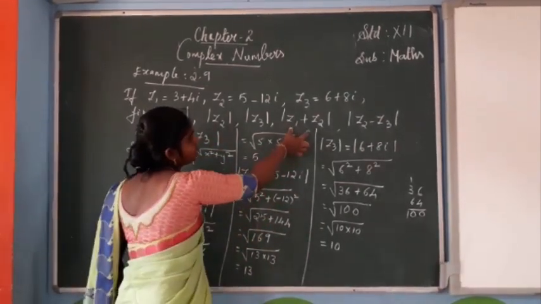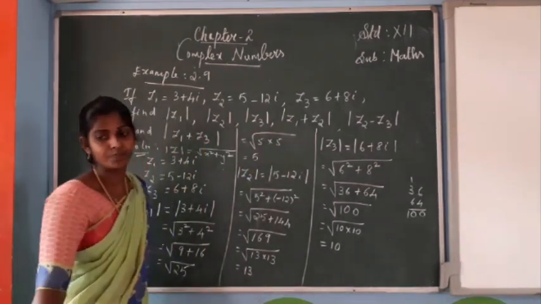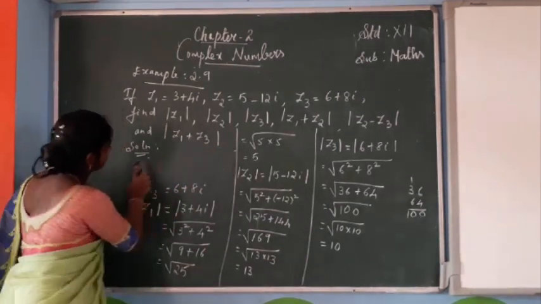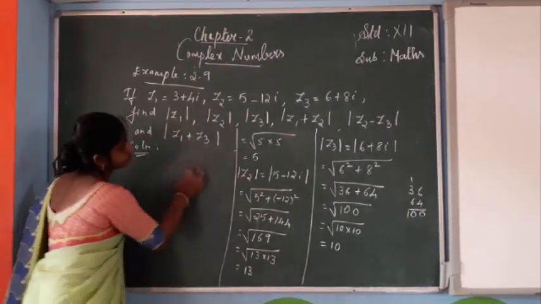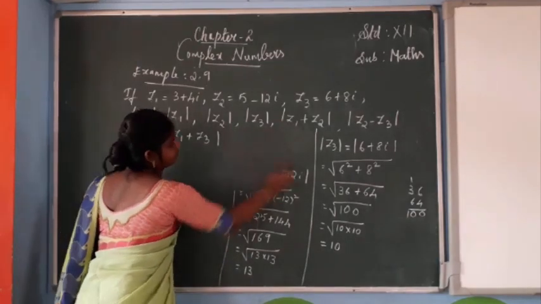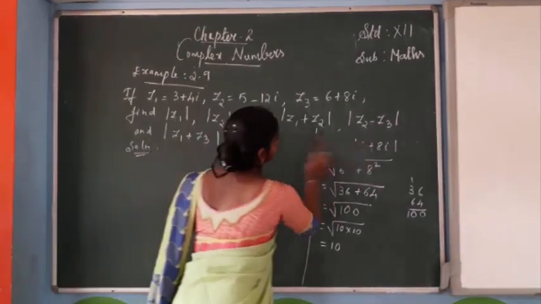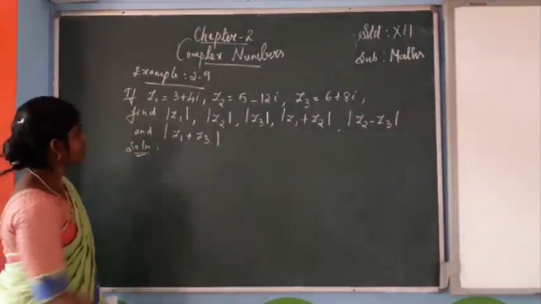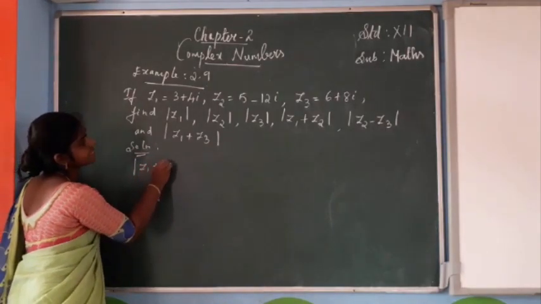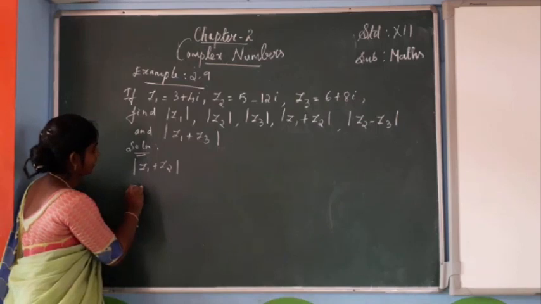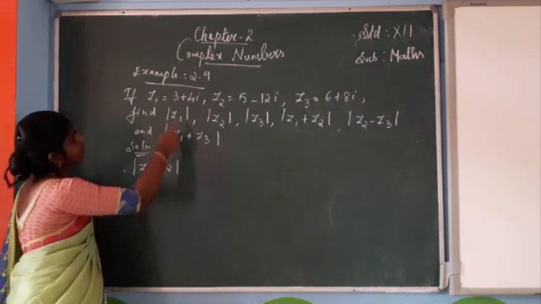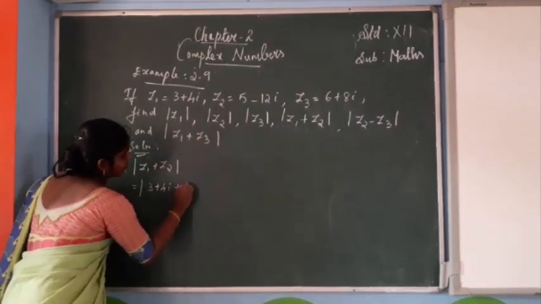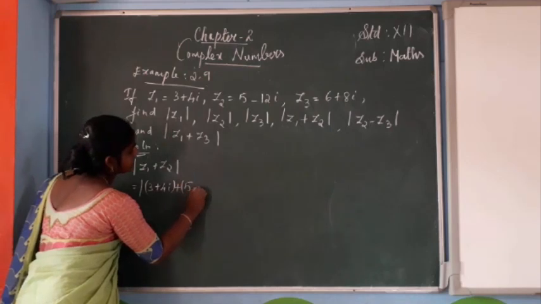Next we have to find modulus Z1 plus Z2. So modulus Z1 plus Z2 equals modulus of Z1, which is 3 plus 4i, plus Z2, which is 5 minus 12i.